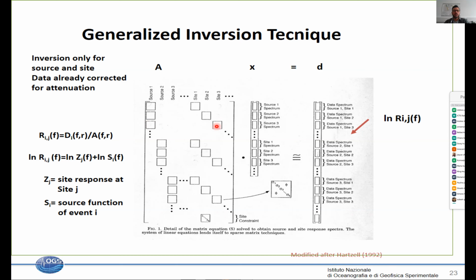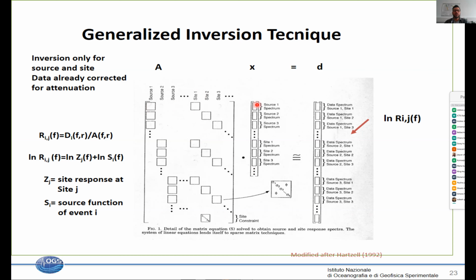After some time, we start looking at the recordings of a second event. And the second event will be recorded at station number 1. So again, in this case, I will have a 1 in the second column corresponding to the second event, and a 1 in the column corresponding to the first site, and so on. Again, I have a linear system with a matrix, which is a combination of 1s and 0s, depending on which station and which source was corresponding to the recording.